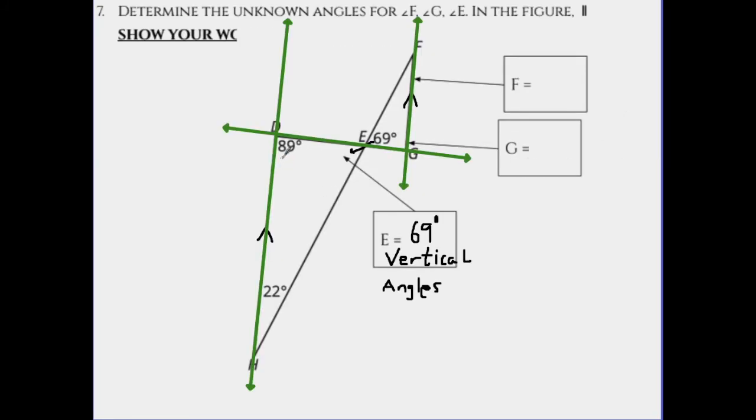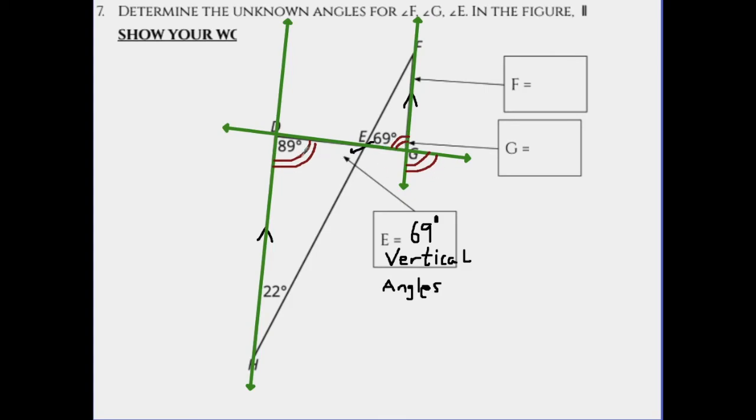So I know that this is 89, and I'm going to go ahead and mark this like this with 2 stripes. So I know that the corresponding angle would be over here. And I know that the vertical angle to that would be right here. Now we can go straight from here to this inside angle because they're also alternate interior angles.